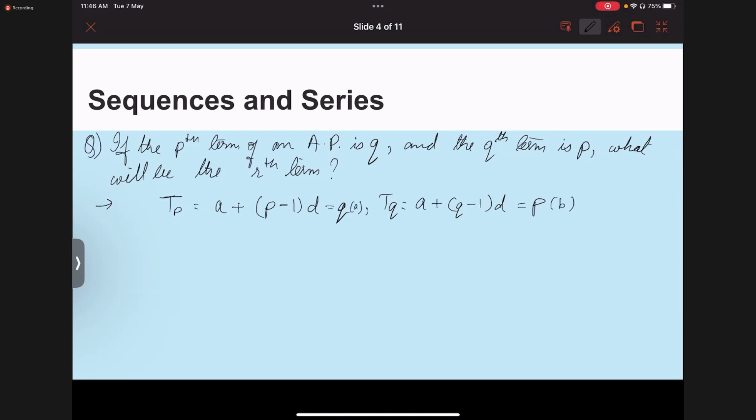Okay, so now over here we can see that d is common. So we can find out d first.